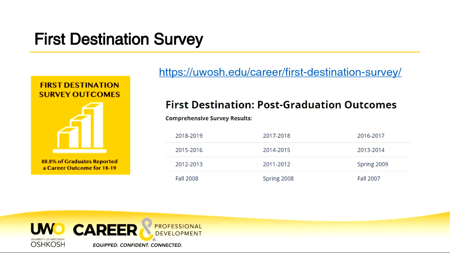So I'm going to give a quick overview of the last class, which is the class of 2018 and 2019. We are in the process of collecting information and data from the most current class, which is the 19-20 class. So that report will be available next April.